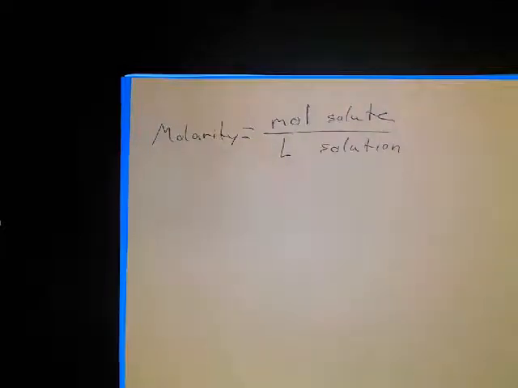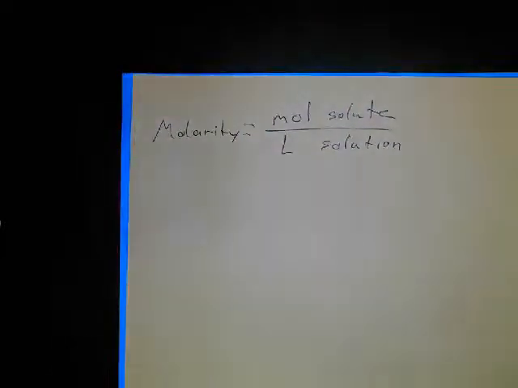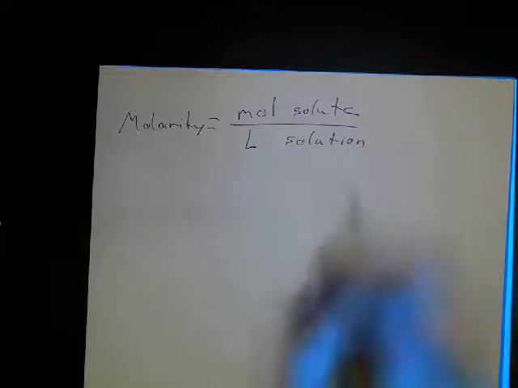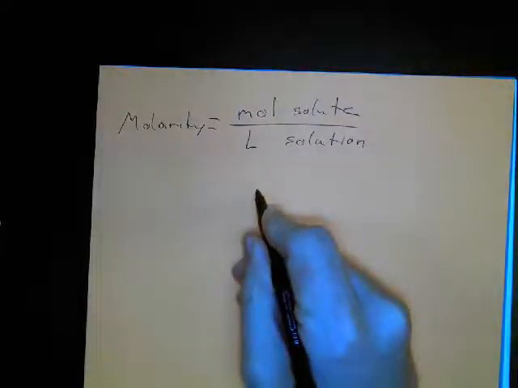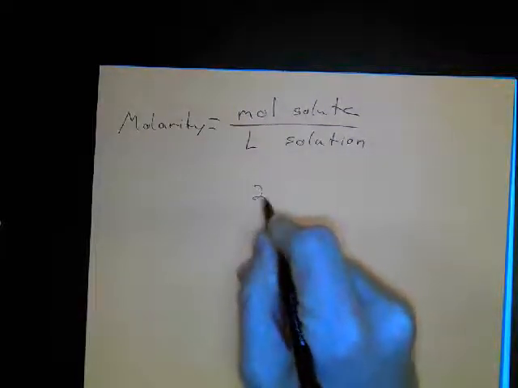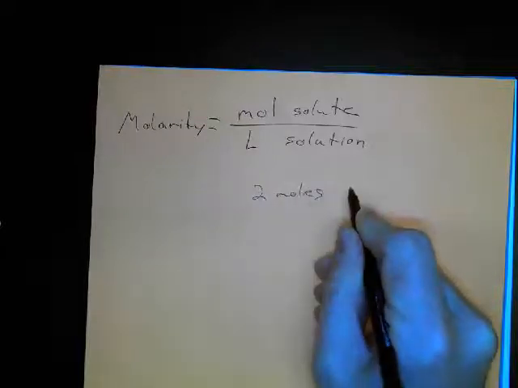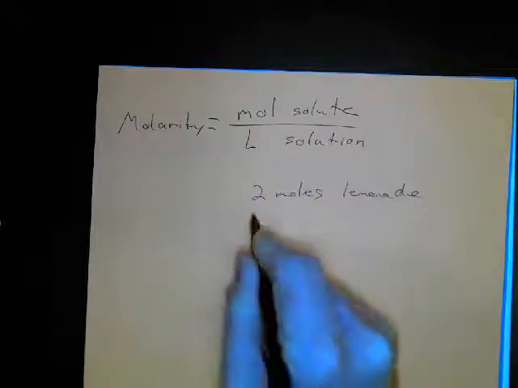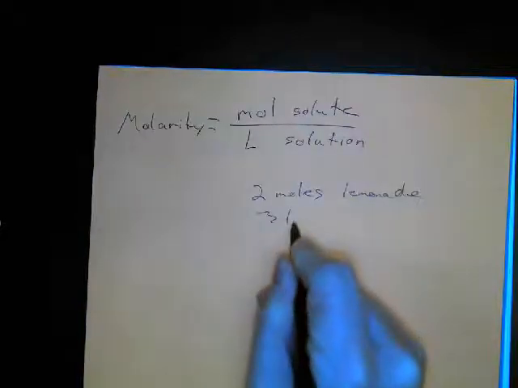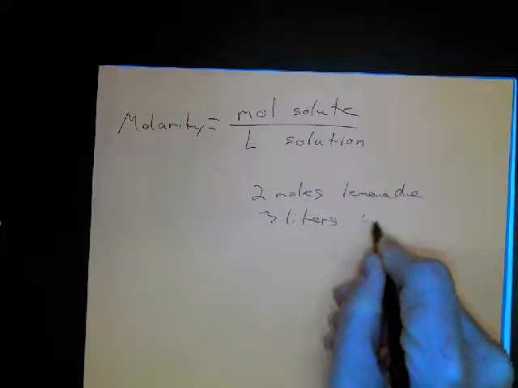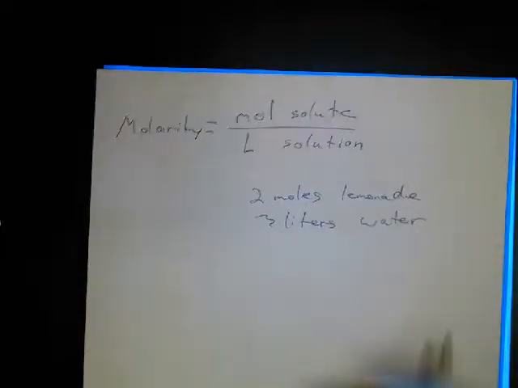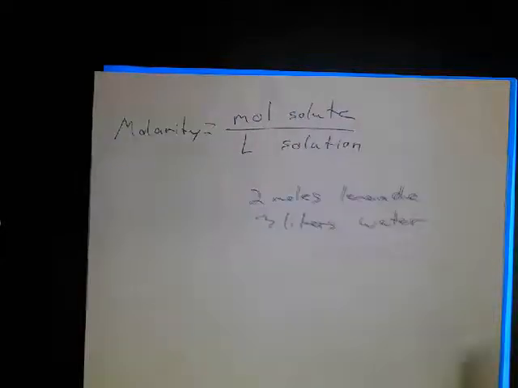So let's do our lemonade question again, only this time let's use moles. So let's suppose that when I go to make my lemonade, I take 2 moles of lemonade, and I add it into 3 liters of water. I'm going to make a big batch of lemonade. Okay? What would be my concentration, assuming I'm doing molarity?